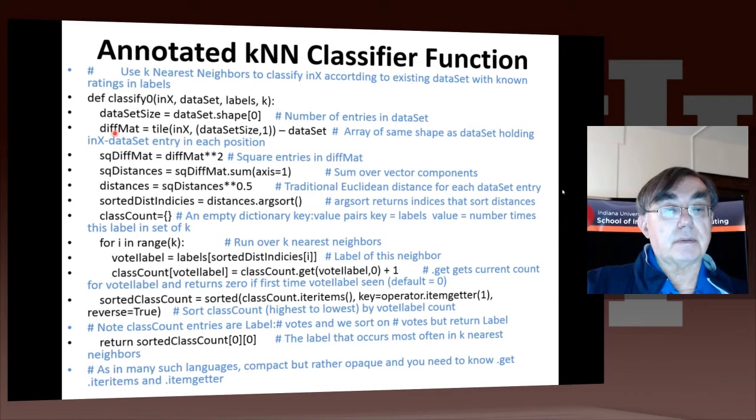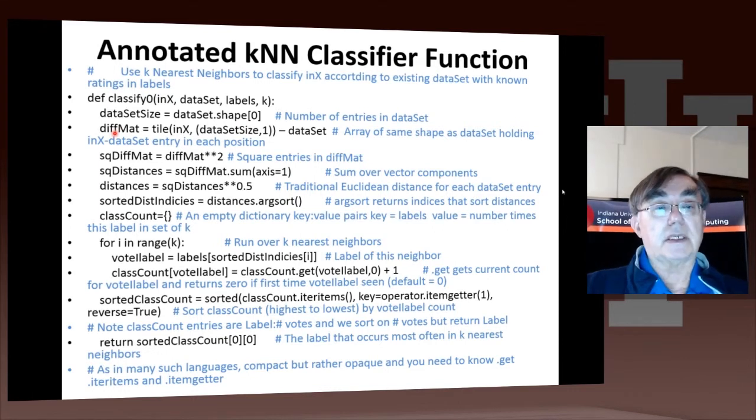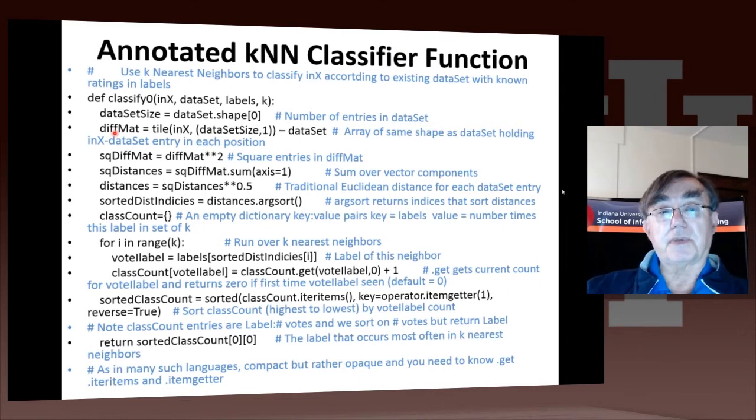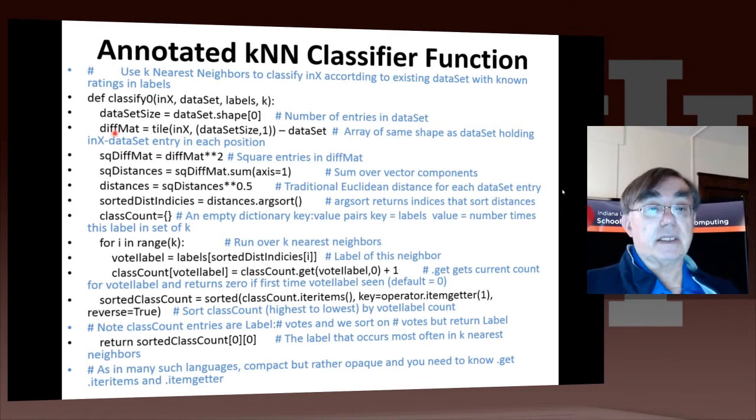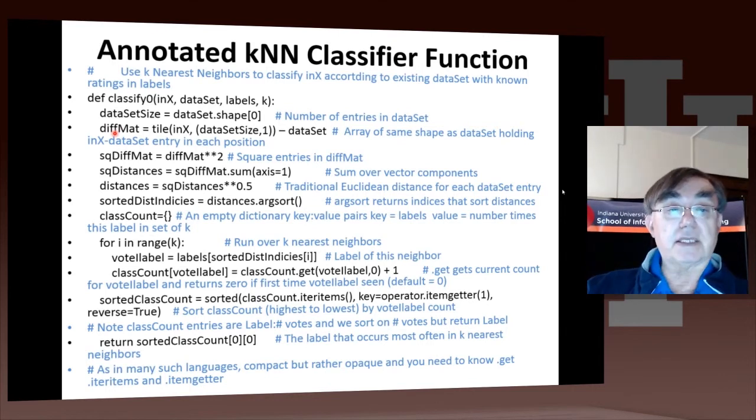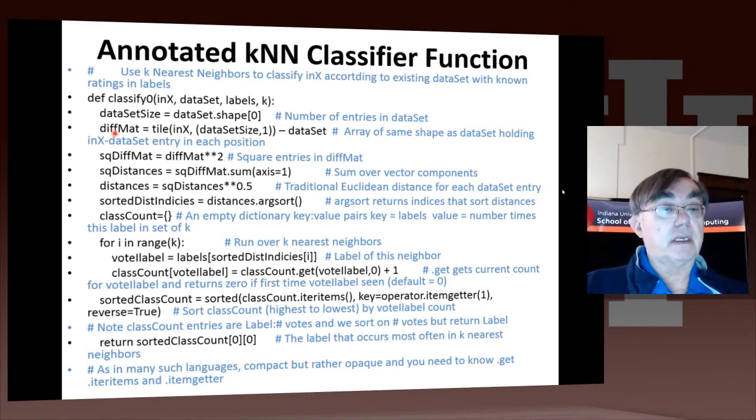The next command is where we want to find the distance between the dataset points and index. So what we do is we generate a new array, which is the same shape as dataset, but the only vector it has in it is index, which is repeated a number of times equal to the number of points in dataset.